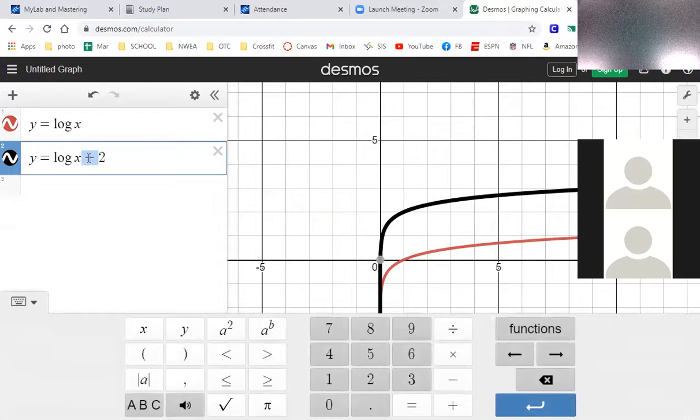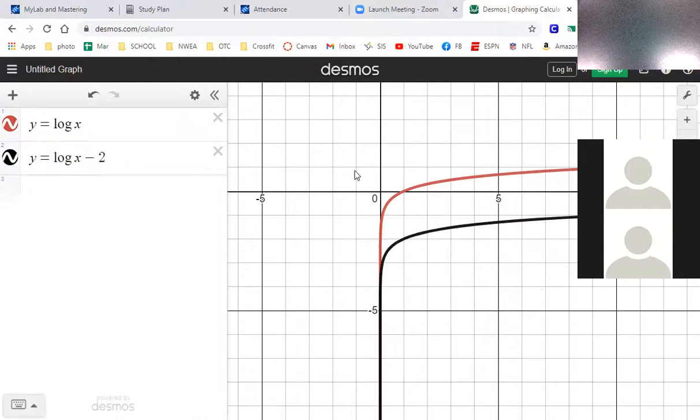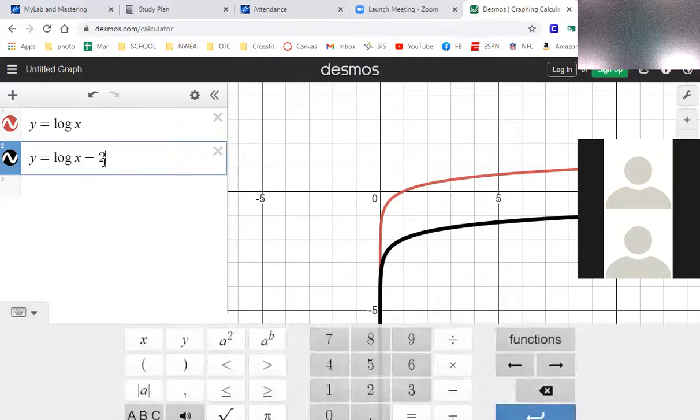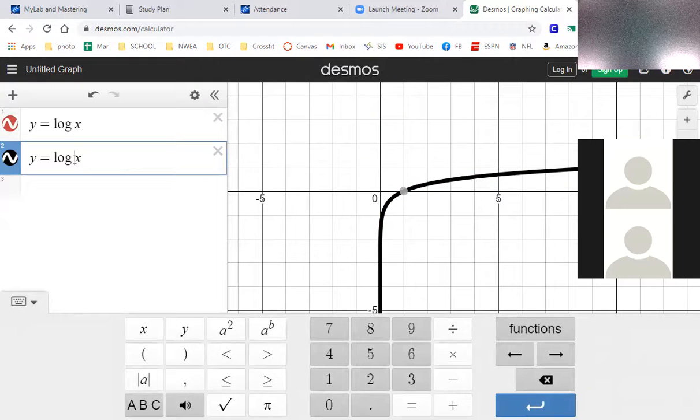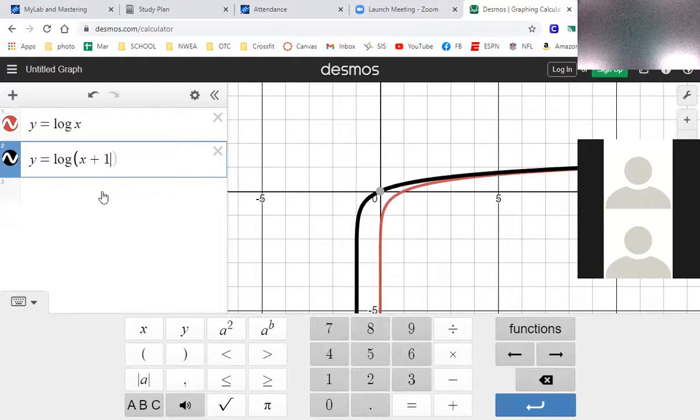And same thing, if I subtract something outside of the function, that's going to take the whole thing and shift it down 2 units. Now, if I draw some parentheses here, so if I'm going inside of the function, again, a plus is going to shift it to the left.